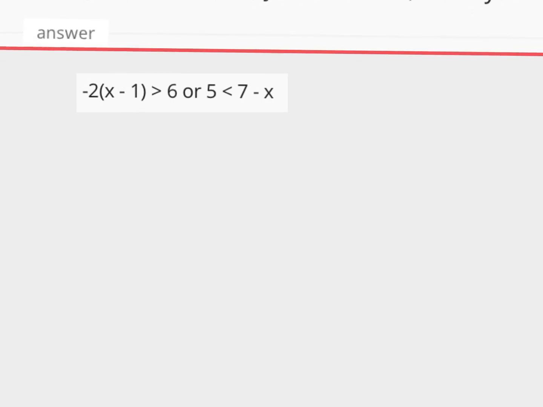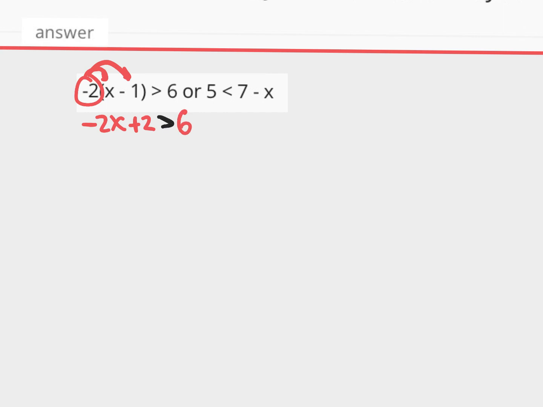Let's start solving the left one first. On the left one, we're going to distribute -2 times x, that's -2x. -2 times -1, that's +2. I bring down the inequality greater than, and bring down the number 6. Now I still need to solve for x, so I need to get rid of the 2 by doing -2 to both sides.